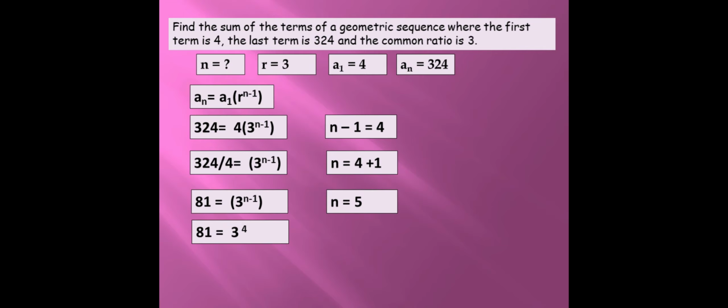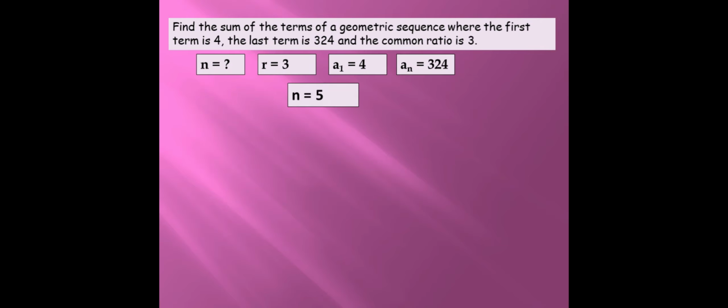So, kukunin na natin ngayon yung sum ng 5 terms ng given geometric sequence because we have now n equal to 5. Yan. So, dahil finite yan, ito yung gagamitin natin na formula, yung formula A ng geometric sum.